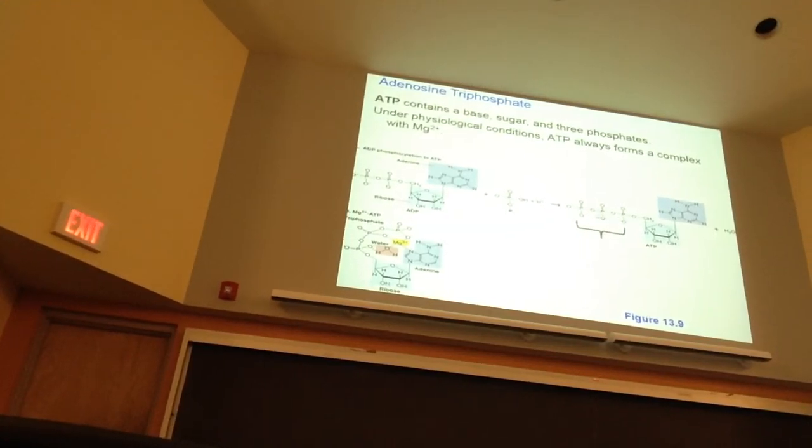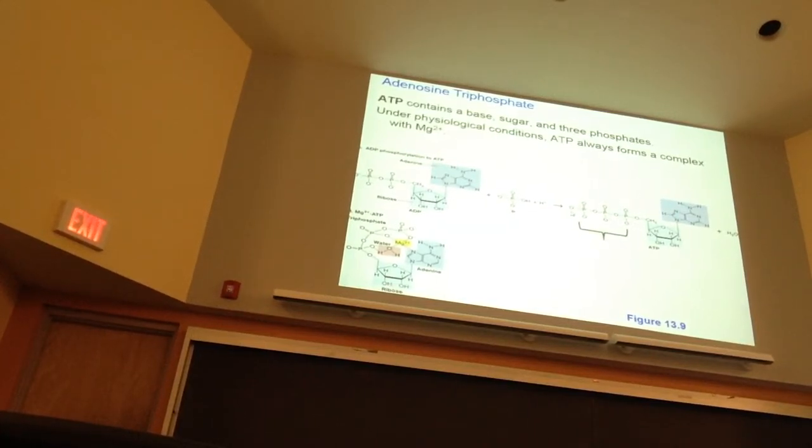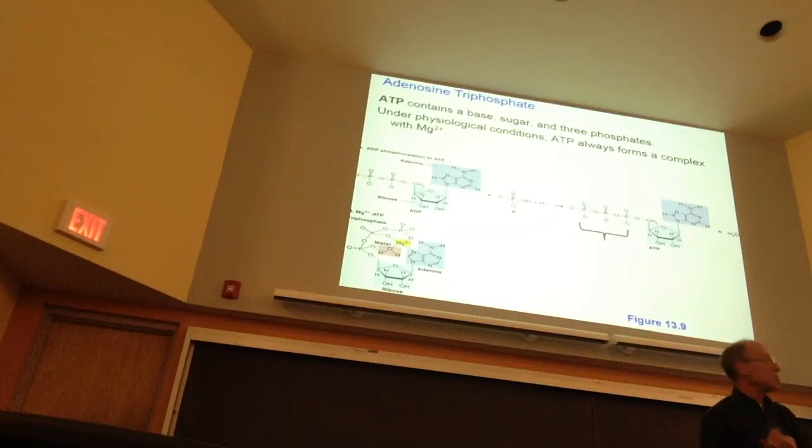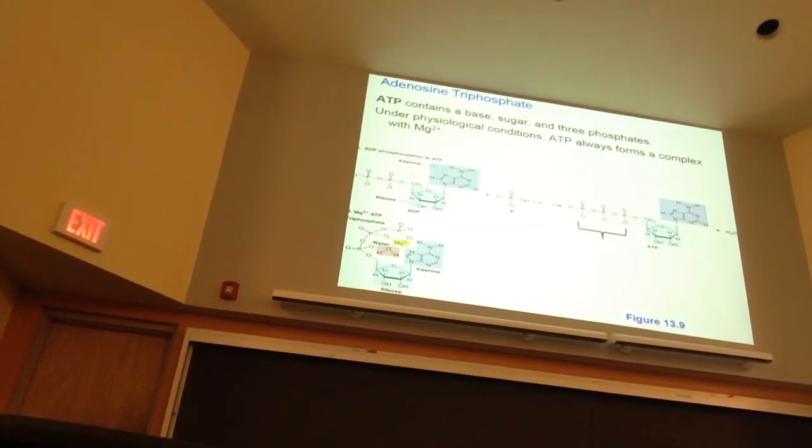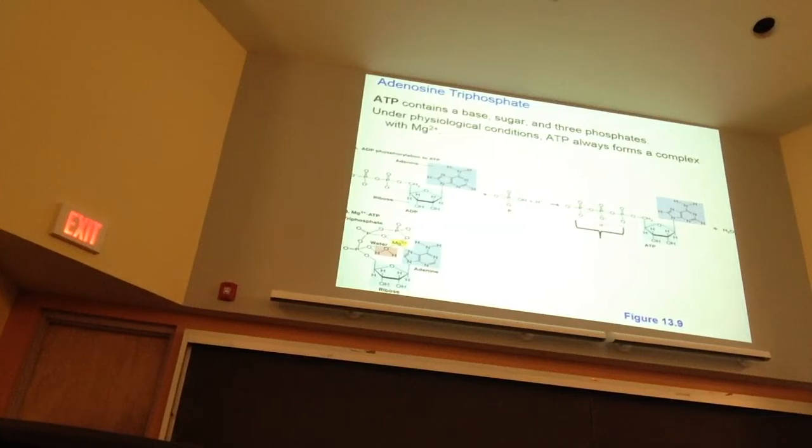And the more phosphate groups that are attached, and you know, we're talking about 1, 2, or 3 phosphate groups, the more energy there is stored in those phosphate groups. And the key is to look at these negative charges that are just piling on, and there's a little squiggly red line.